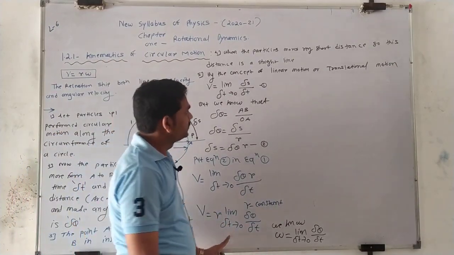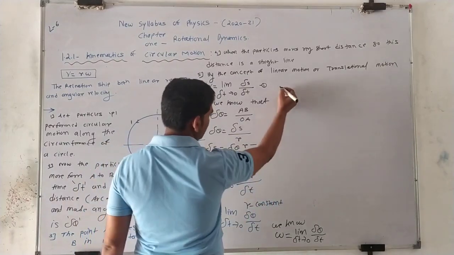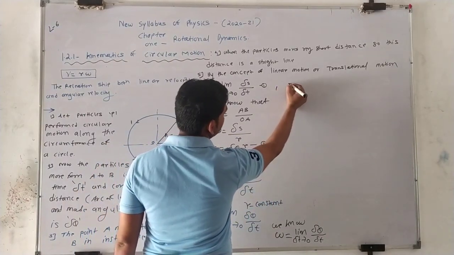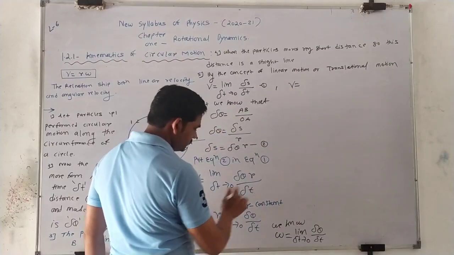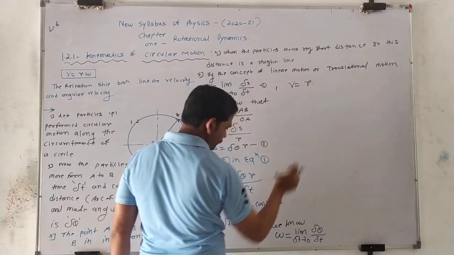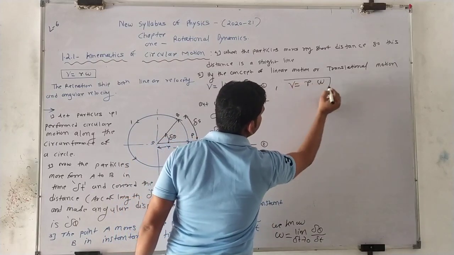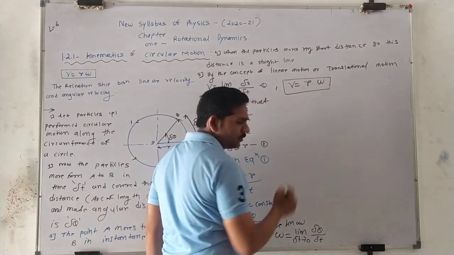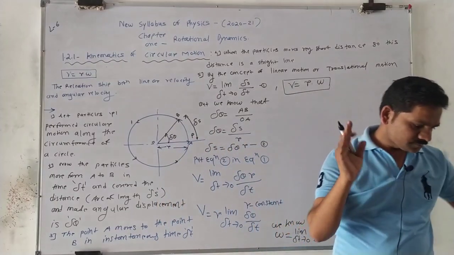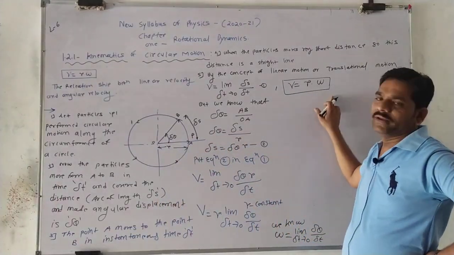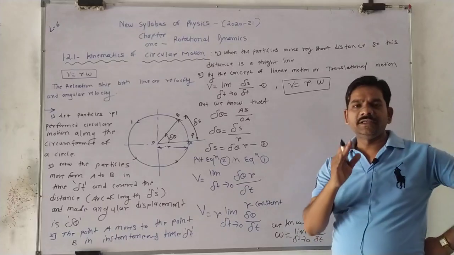So what is the modification in that equation, boys? We get V equal to R into omega. Yes or no? Yes, V is equal to R into omega. This is the equation in scalar form.